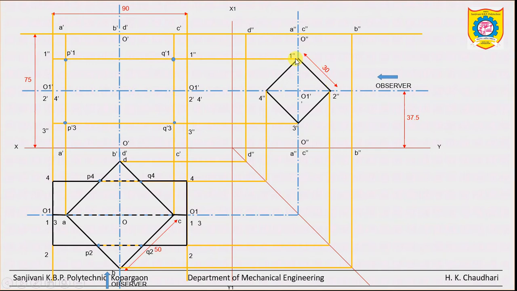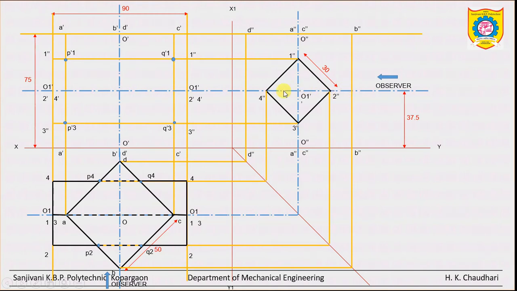Now to locate the other points, when we observe this intersection from the front side, 1 dash, 1 double dash and 2 double dash will be the front part. Clear? 2 dash and 3 double dash, that is the bottom part, this is the top part. Clear? So now our aim is to locate points P2 and Q2. Correct?